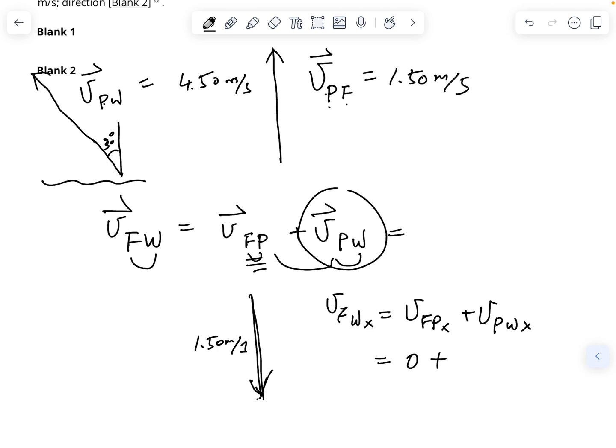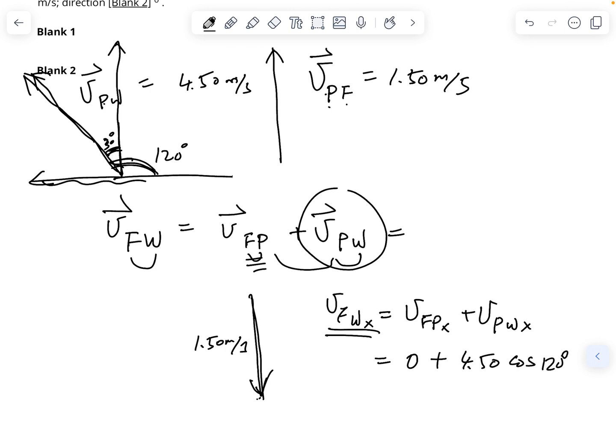You break down this vector into x and y. This angle is 30, then the angle here is 120, remember. This is the real angle you're looking for. So this will be 4.50 cosine 120. This is this vector's x component.